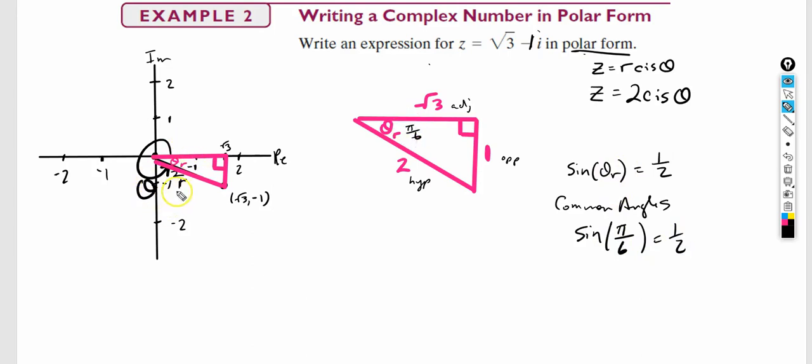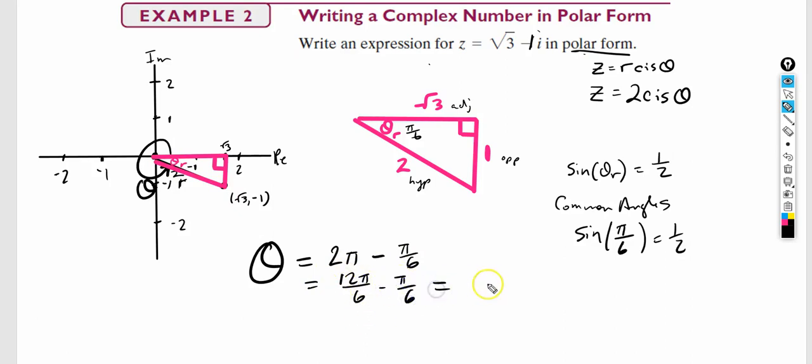Now that I know my reference angle, if that's pi over 6, then theta is going to be a full revolution, which is 2 pi, minus the reference angle, which is pi over 6. And this is where I need to rewrite 2 pi as 12 pi over 6, so I can put these together. And that's going to give me 12 pi minus pi is 11 pi.